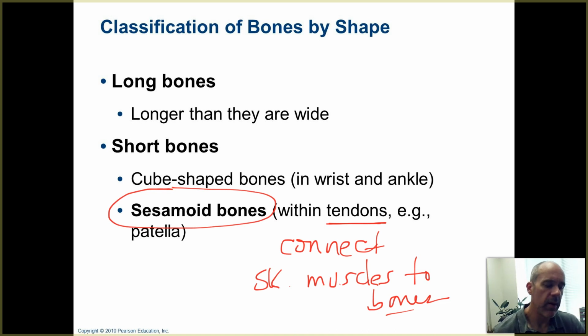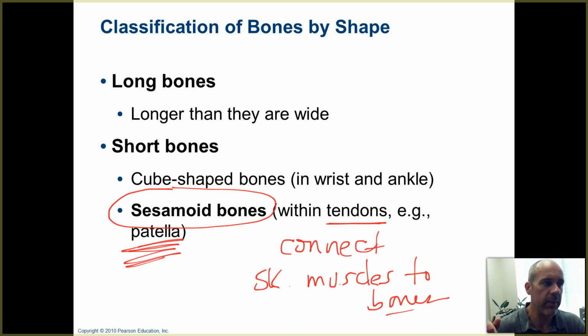The sesamoid bone that everybody has is the patella. That's your kneecap bone. Otherwise, individuals can have little tiny sesamoid bones that develop in some of their joints.